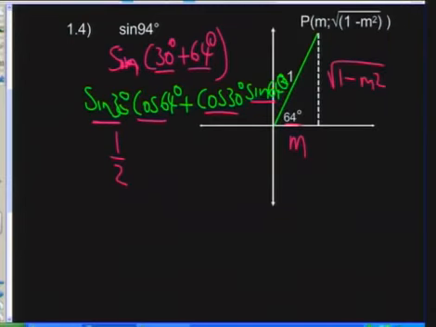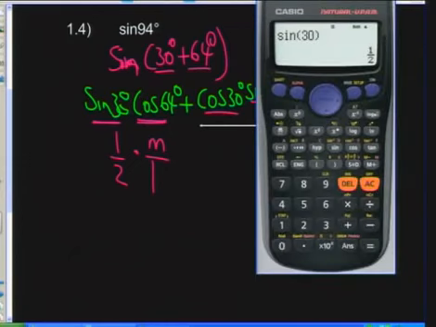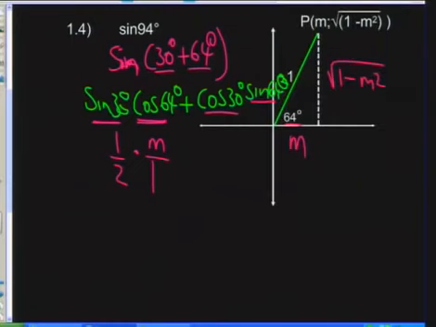Then what about cos 64 degrees? I can use the diagram. Cos is adjacent over hypotenuse, which is m over 1. What about cos 30 degrees? I can also use my special angles, or I can use a calculator, which gives root 3 over 2.